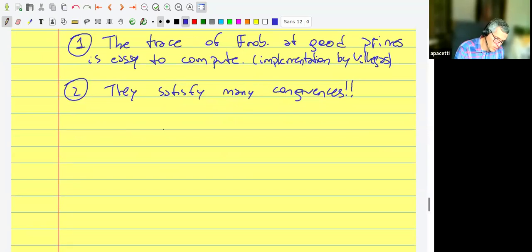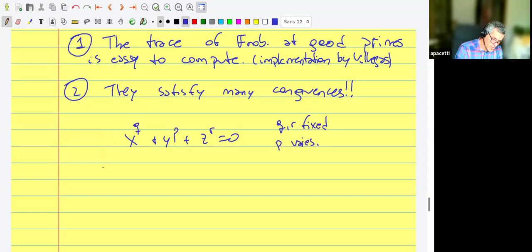And I don't want to take too much time, I just want to explain in the example what are these congruences and why they are important. So let's suppose that you want to understand the solutions of the equation x to the q plus y to the p plus z to the r equals 0, where p is the variable, so q and r are fixed and p varies.